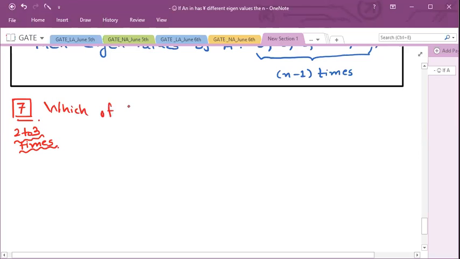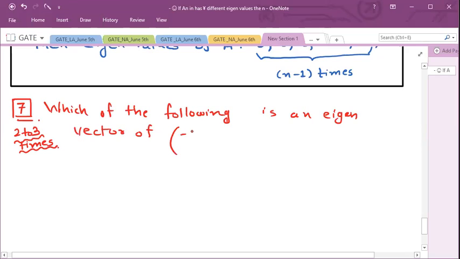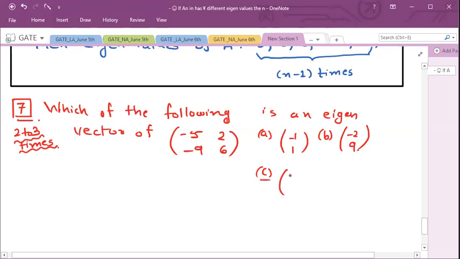Which of the following is an eigenvector of the matrix -5, 2, -9, 6? Right. A is -1, 1. B is -2, 9. C is 2, -1. And your D is 1, 1. Okay. So we have to find which of the following is an eigenvector.